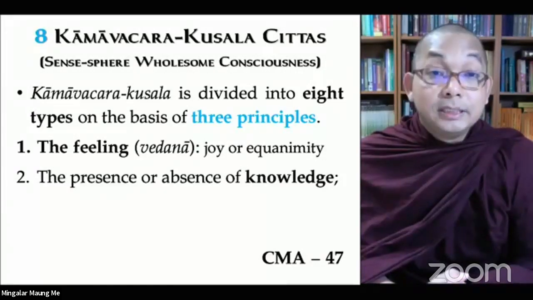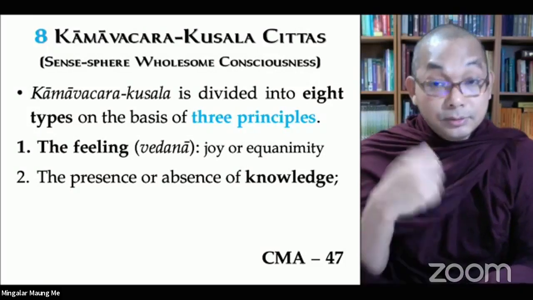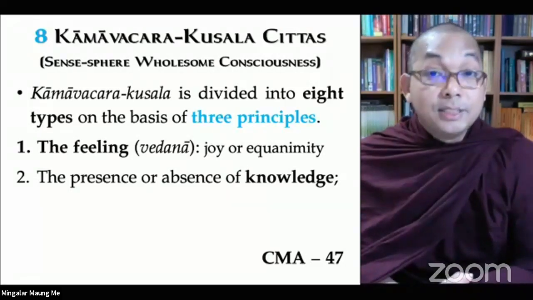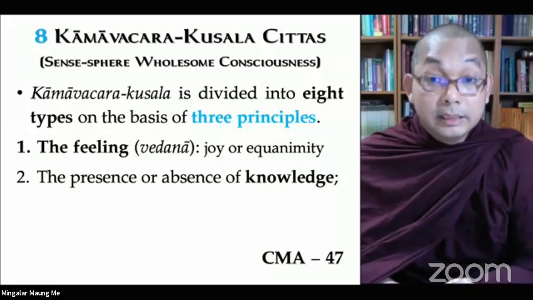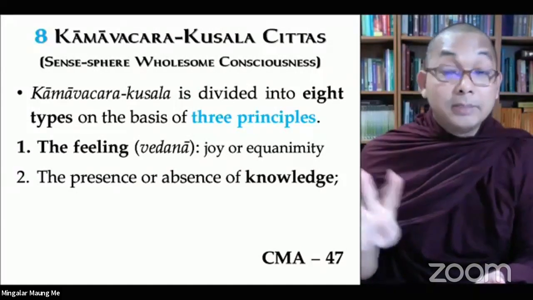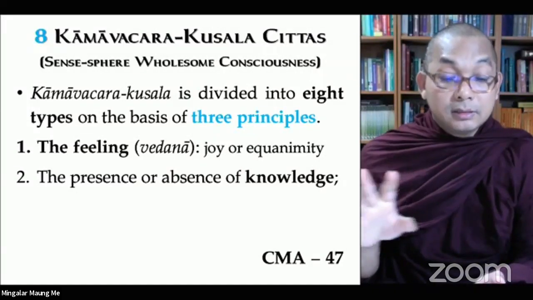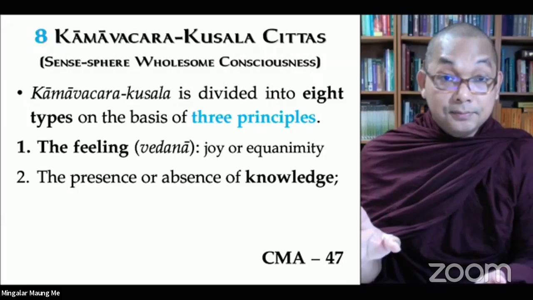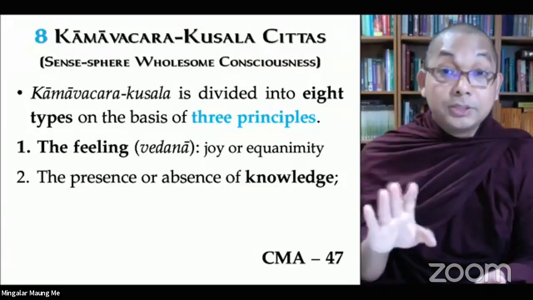Sometimes you do good things without knowing this is a good thing. That is called absence of knowledge. So we have 4 types of cittas accompanied by knowledge, and another 4 dissociated from knowledge.